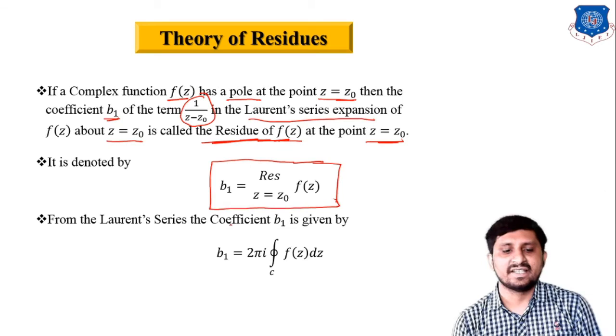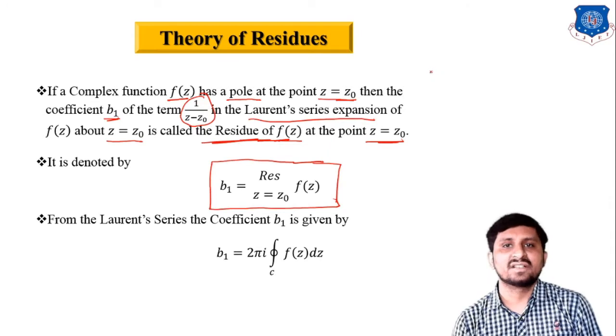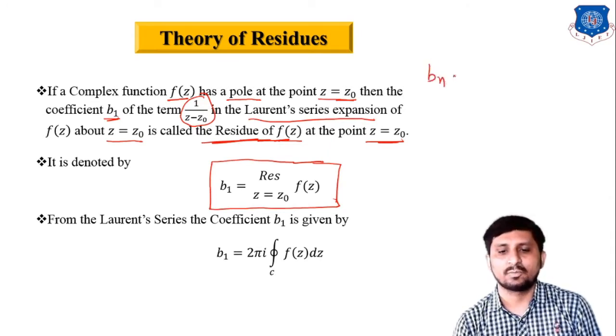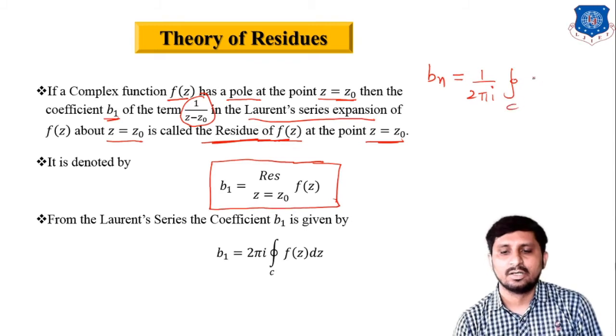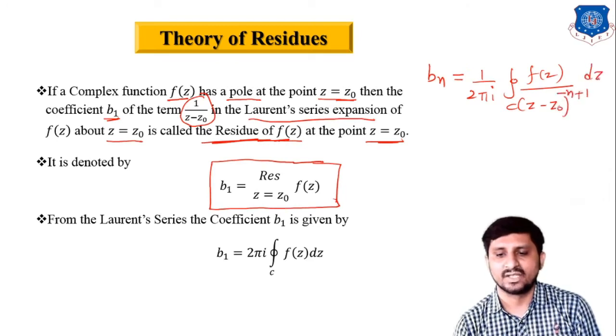And from the Laurent series, the coefficient b1 is nothing but 1 upon 2 pi i integration of f of z dz. If you remember, when we first defined the Laurent series, the formula for bn is 1 upon 2 pi i integration of f of z upon z minus z0 raised to minus n plus 1, dz.